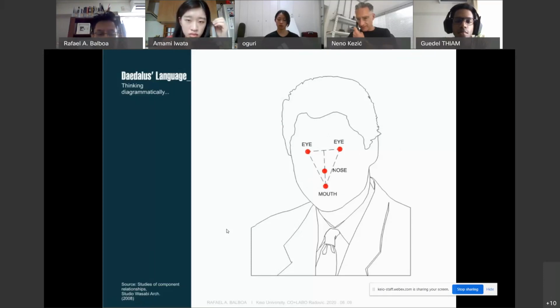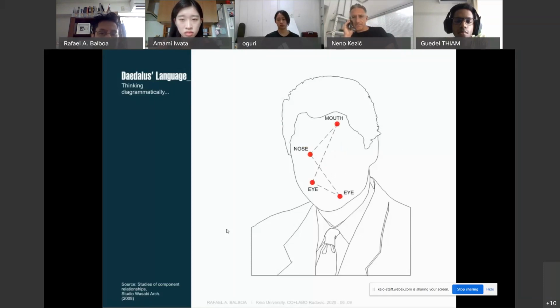And eventually, when we start to diagrammatically play or deform the relationships between all these components, we can reach something like this, no, which becomes kind of monstrous. We have the eyes on the parts of the jaw, or the mouth would be on the forehead, or the nose would be stretched to another direction.